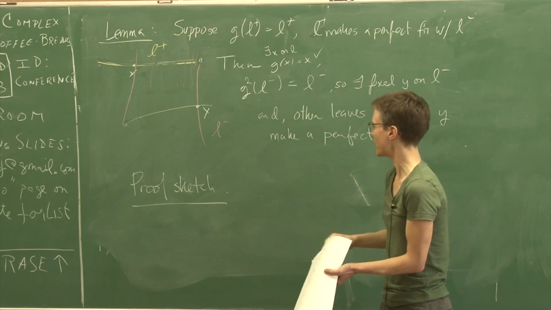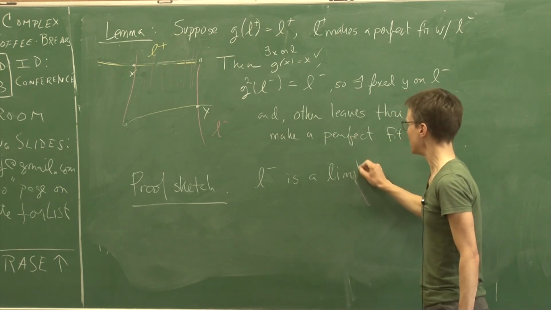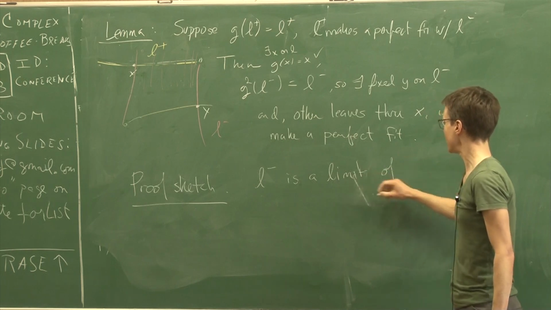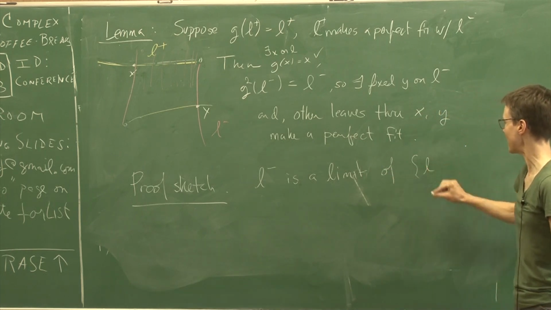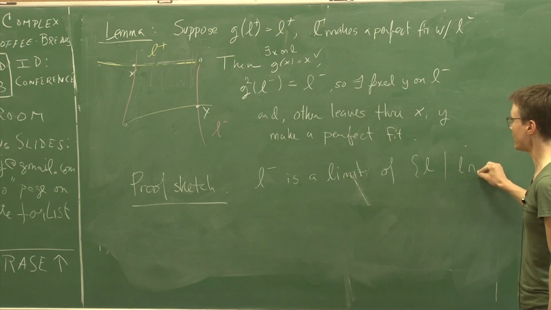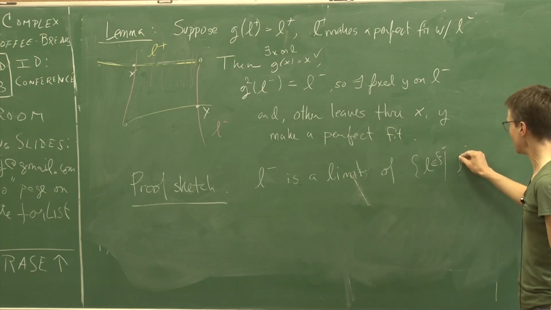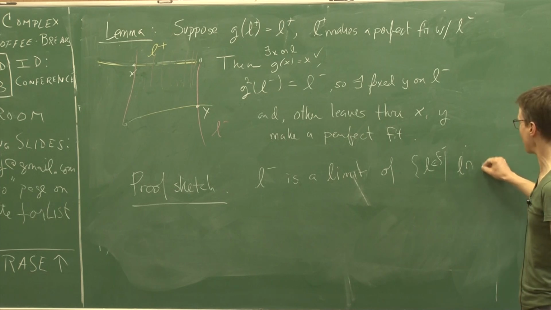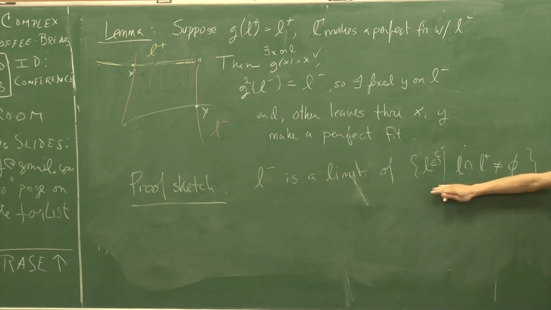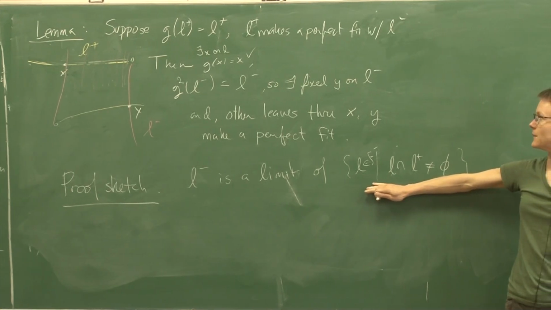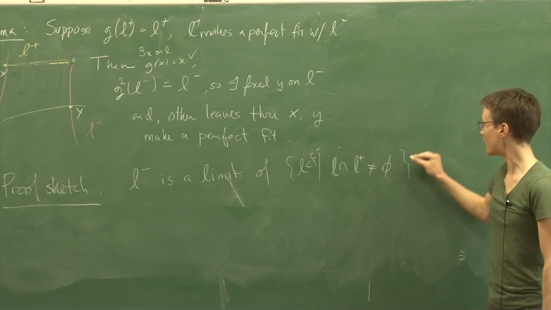So the first point, L minus is a limit of the set of leaves L in F minus, so that L cap L plus is not empty. And this set is invariant by g squared, so L minus should be also.